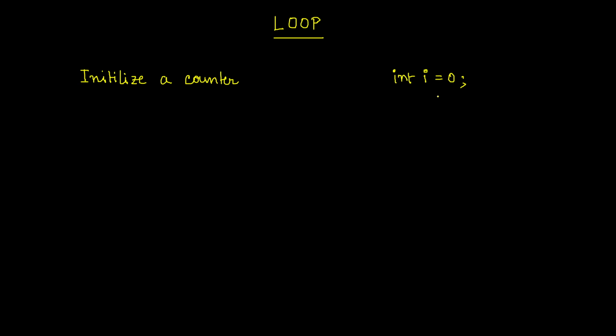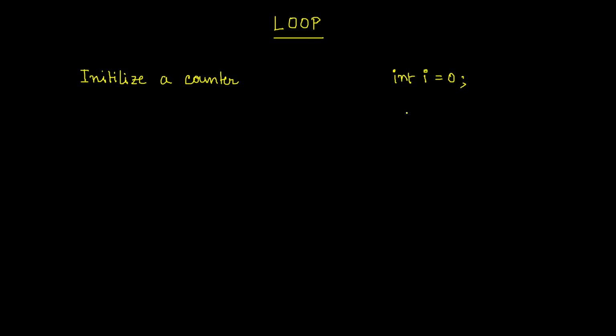Since 0 is lesser than 5, that's why you are telling your name. And as soon as you are telling your name, you are incrementing that counter from 0 to 1. And before telling your name again, you are checking whether the new counter value is lesser than the maximum limit or not. If it is lesser, then only you are telling your name. So it happens in this way.